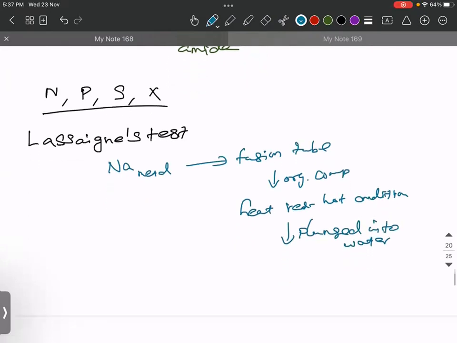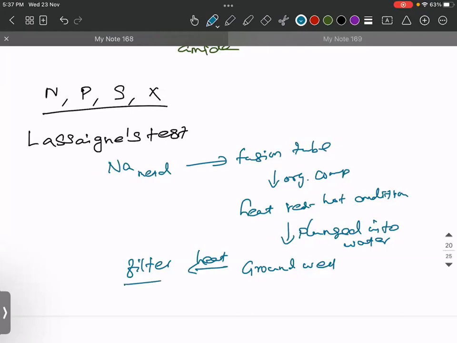Then you grind well, heat and filter. This extract is known as Lassaigne extract.